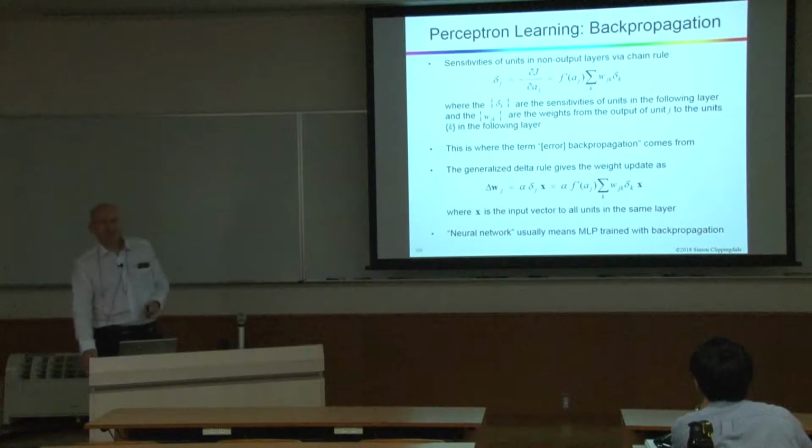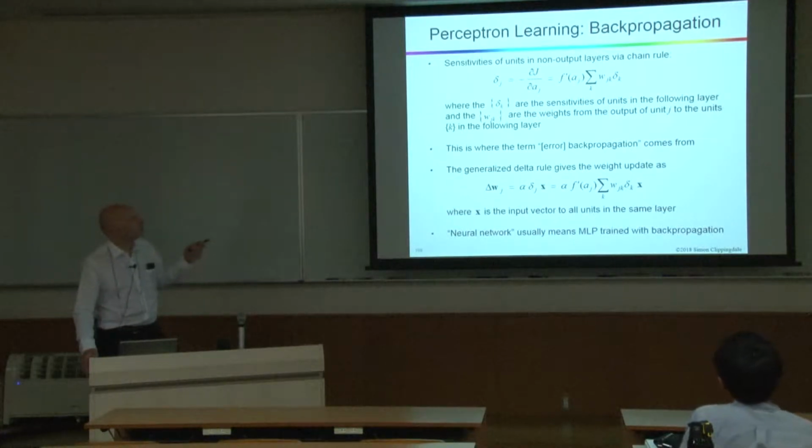So what about the sensitivities of units in layers deeper than the output layer? You can calculate them by the chain rule, which is, you know, if you're trying to get a partial derivative of something with respect to something else, and there are intermediate variables on which they depend. So the sensitivity of some unit j in the interior of the network is defined as this thing.